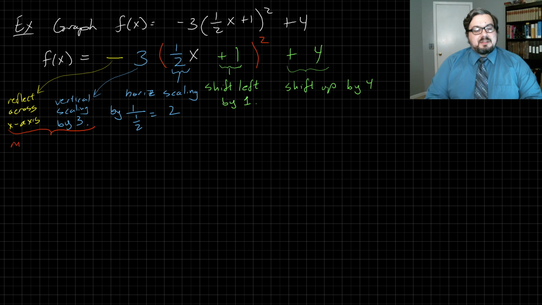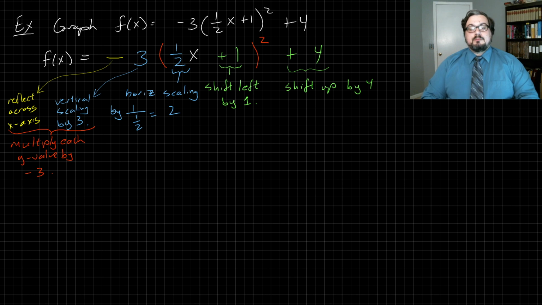And combined together, these two things just say to multiply each y value by negative 3. So we have four separate transformations that we need to do, or 5 if we consider the reflection and the vertical scaling separately.